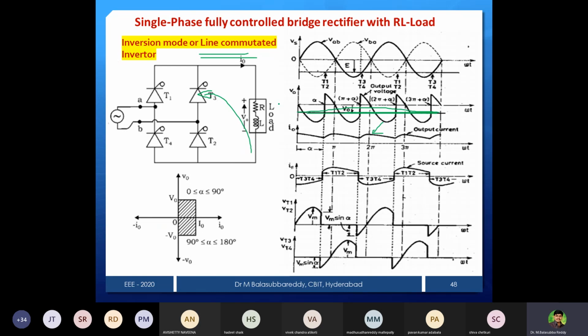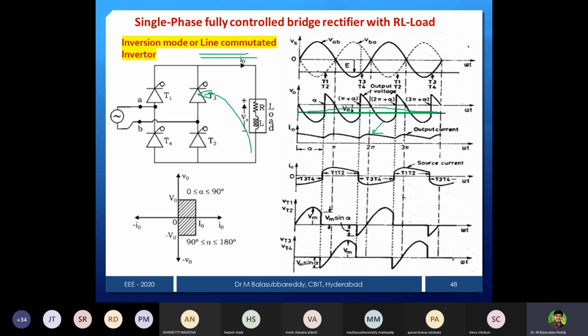So, line commutated inverter. Why is it line commutated? Because we make use of the supply lines to turn off the device. We are not using any additional circuit. So this is a very important question. Single phase fully controlled bridge rectifier with resistive load is as usual, like the semi converter or midpoint converter.